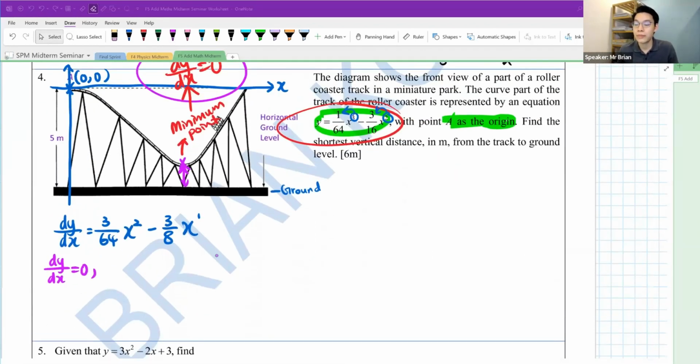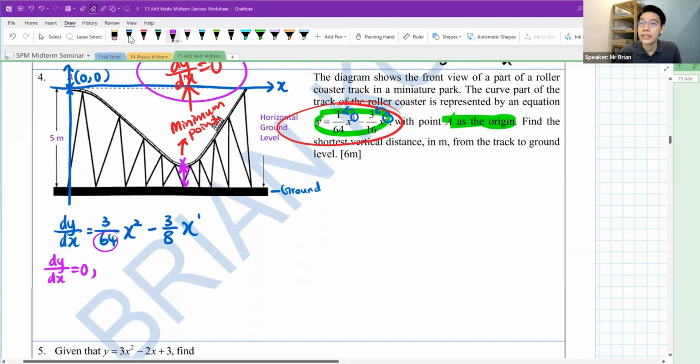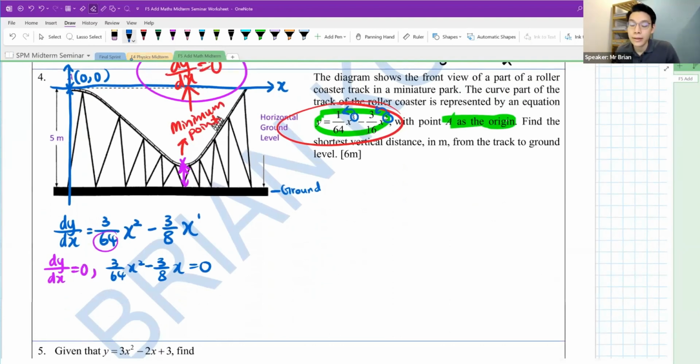All right, so we try to solve this. First thing we can do is maybe I get rid of the 64. Maybe I go and times everyone by 64 because I don't want the fraction to be there. Then it would become 3x squared minus 24x equals 0.